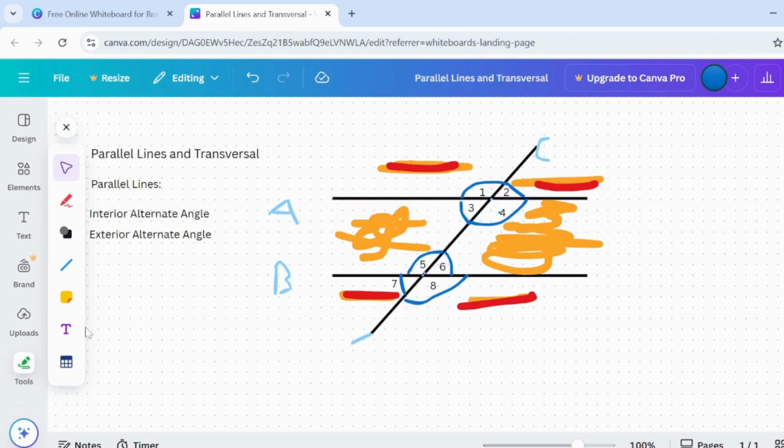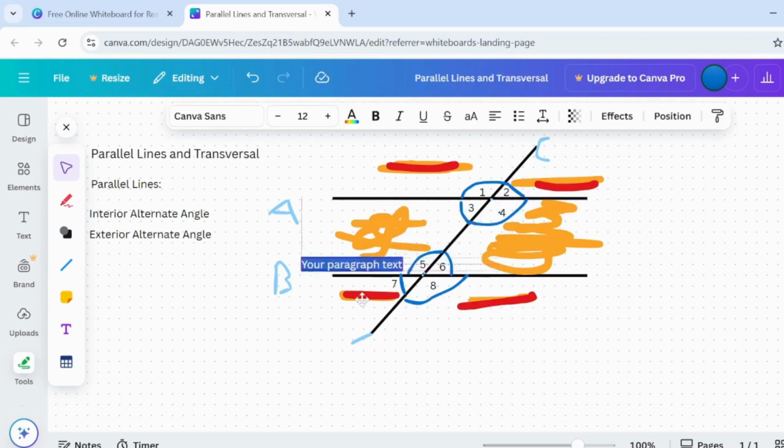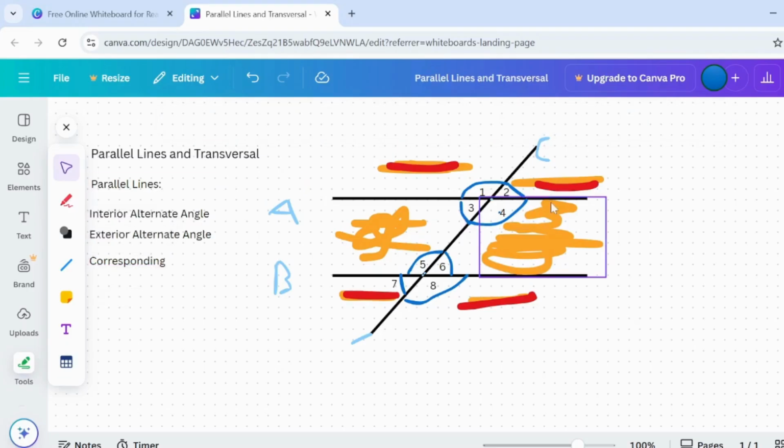Next, we come to the corresponding angles. Corresponding angles are angles which lie anywhere in the figure, but they are of the same value. They lie on the same side of the transversal. So over here, let's take 4.